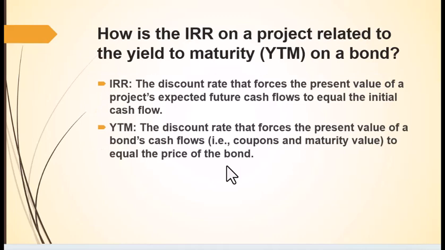I've already mentioned that this is similar in concept to yield to maturity, right? It's that rate that says, look, if the cash flows we forecast actually occur, this is the rate of return on the investment.